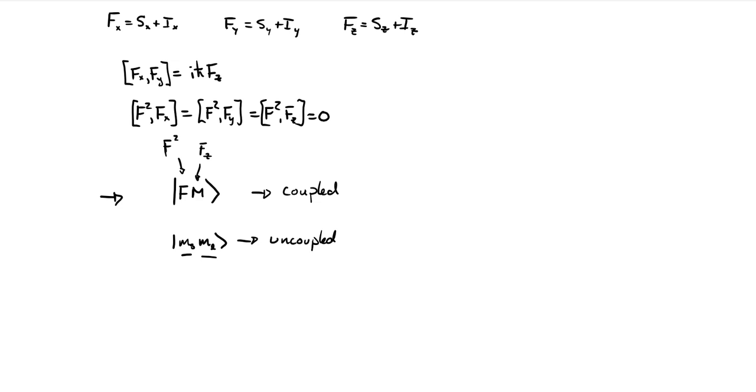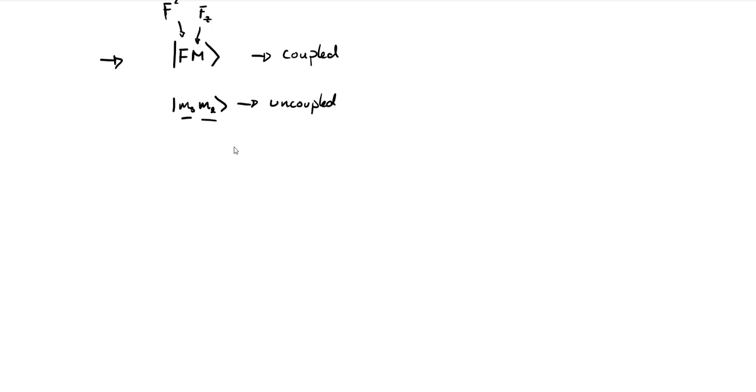So how do we do that? Well, the M quantum number is kind of straightforward, right? It's associated with the F sub Z operator, and even in the uncoupled basis, m_s, m_I, we know how this acts. It's just going to be S_Z plus I_Z by definition, acting on those two uncoupled basis vectors, and we know the action of those two operators.